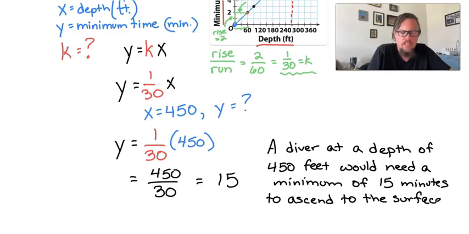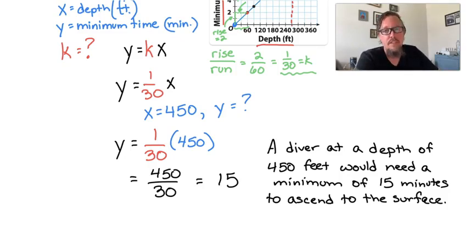So our answer is 15, but we don't want to just write 15 and call it a day. We want to say what the 15 means. 15 means how many minutes it would take if you were at a depth of 450 feet to ascend all the way to the surface.